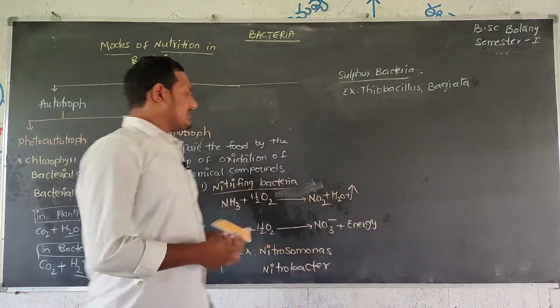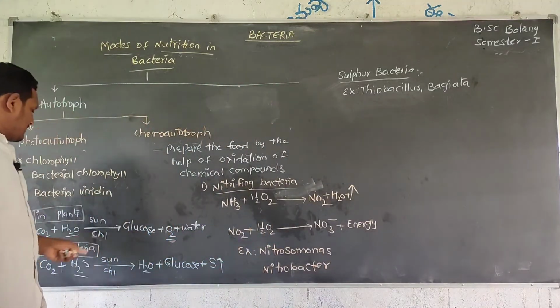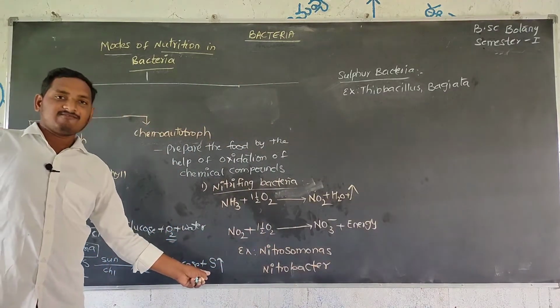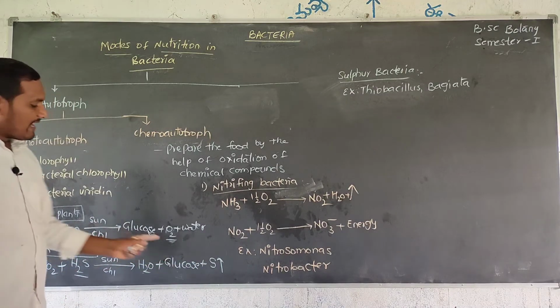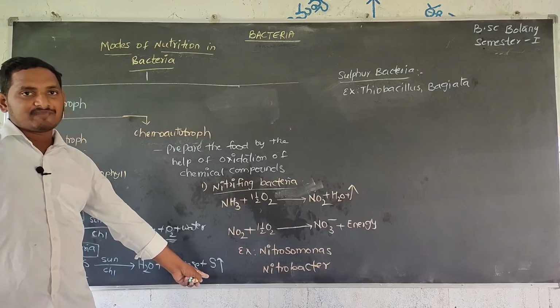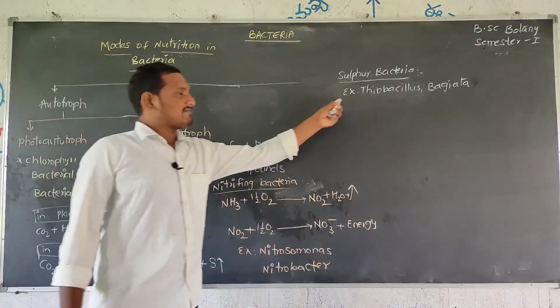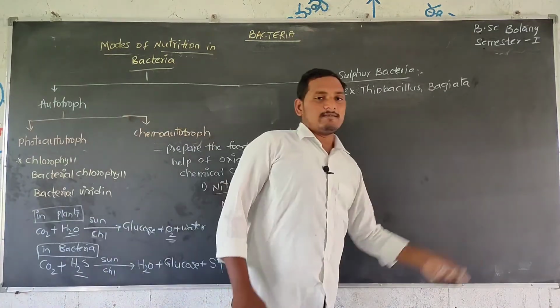These are the two bacteria which release sulfur. It means they use up hydrogen sulfide and release sulfur as a byproduct in sulfur bacteria, that is Thiobacillus and Beggiatoa.